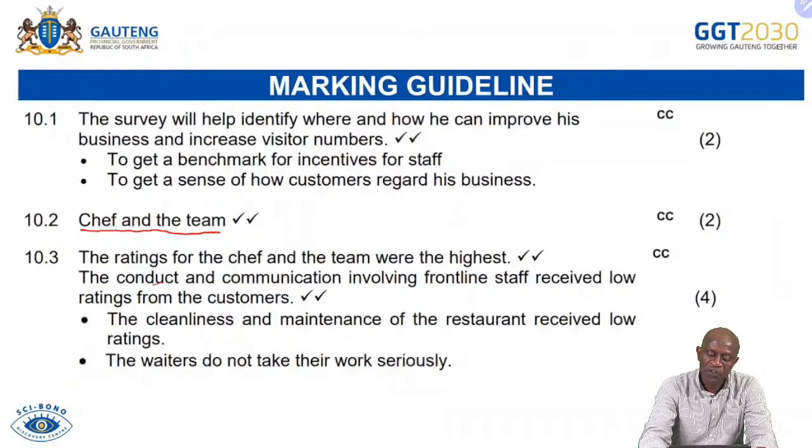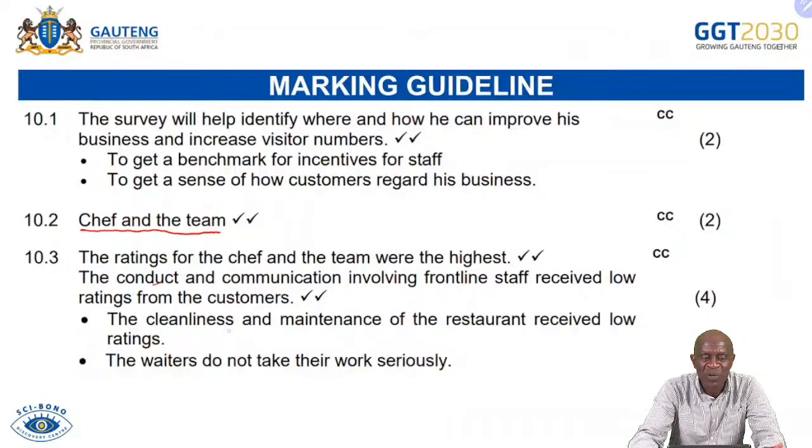As we further assess the reason why the chef and the team received the incentive, it was that the cleanliness and maintenance of the restaurant received low ratings. So the cleaners were not doing their work appropriately. So is the maintenance staff.